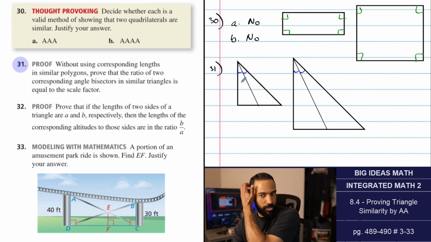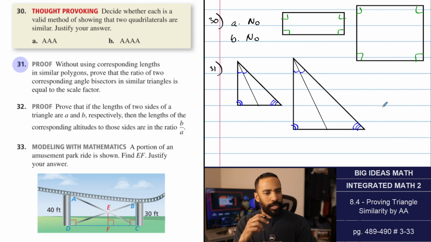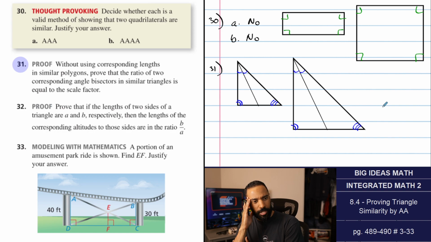Now they already said the triangles are similar, right? So that means these would have to be congruent to each other there, and this is congruent, and this is congruent like that. What do they want? That the ratio of angle bisectors in similar triangles is equal to the scale factor. Well, if the triangles are already similar, then they already possess some sort of scale factor.